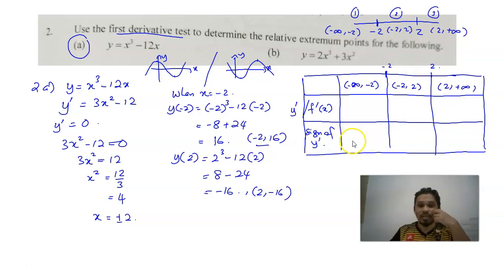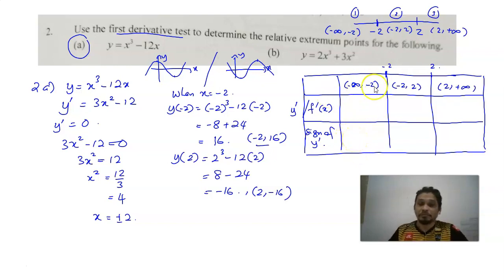We are going to look into whether it is positive or negative based on the value of y prime. We substitute any values in between, and we get the gradient is either positive or negative.